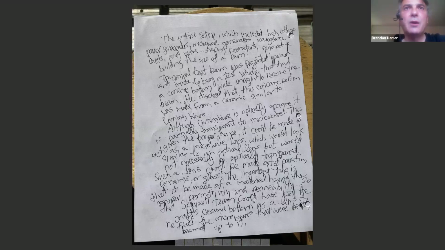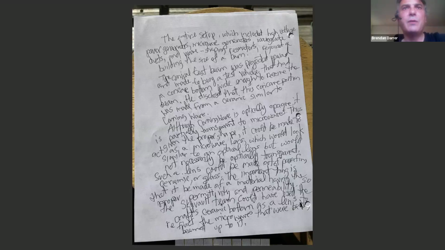Such a lens could be made out of paraffin, ceramic, or glass. The important thing is that it be made of a material having the proper permittivity and permeability.